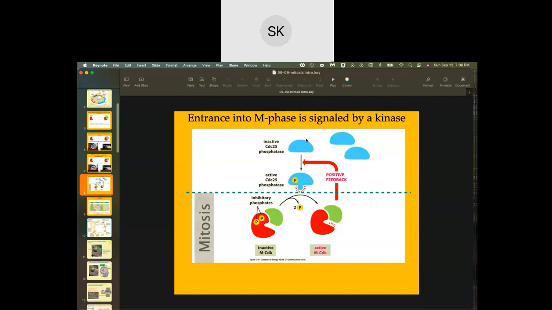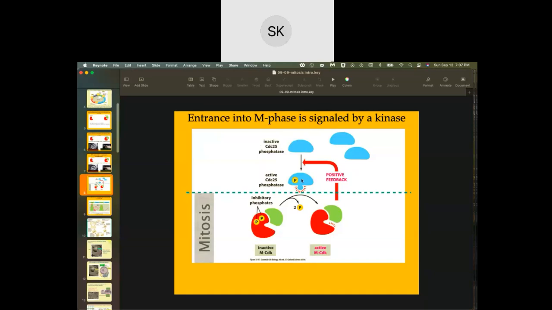This protein itself can actually activate the CDK cyclin complex for mitosis. So this blue guy here, when it is active, it is going to activate the mCDK complex.